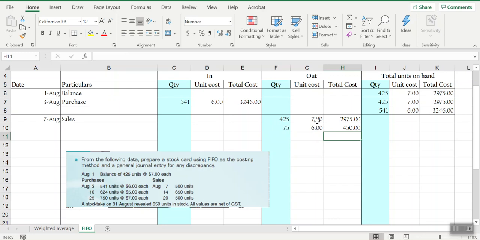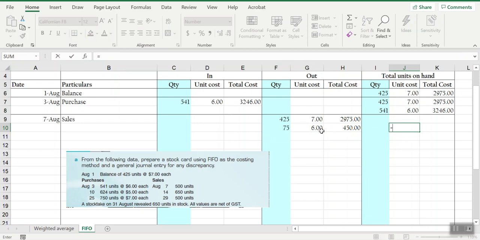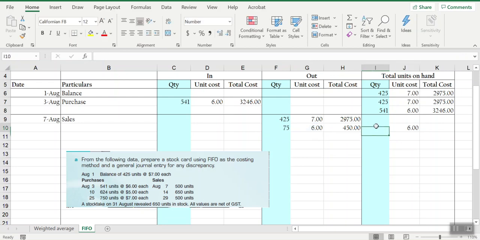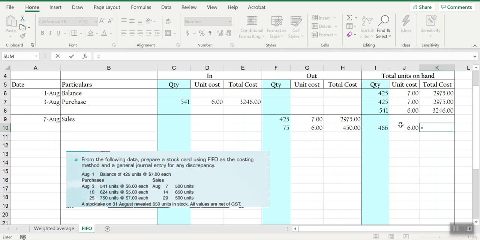So for our new balance of the $6 lot, because we've got no more $7 items, we've only got the $6 items. It'll be 541, subtract 75, is 466. So that's the new value of our stock that we have, $2,796.